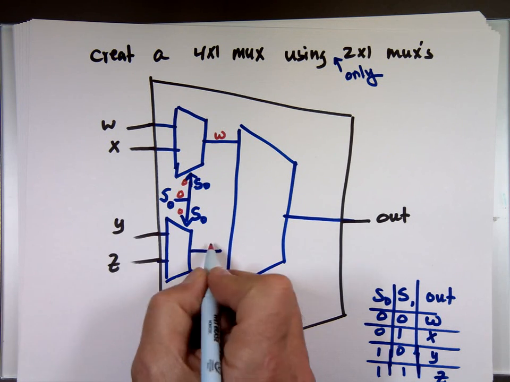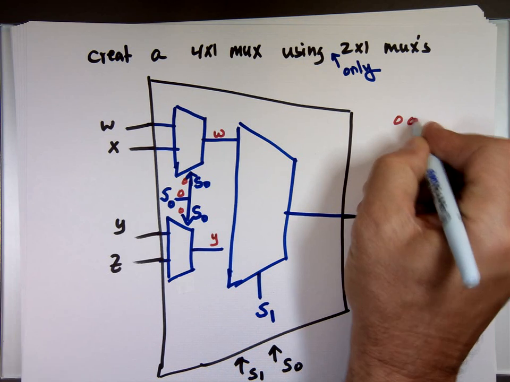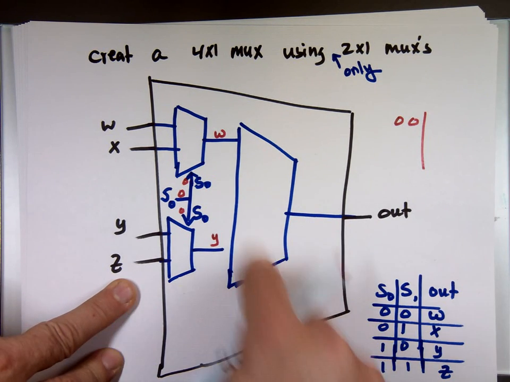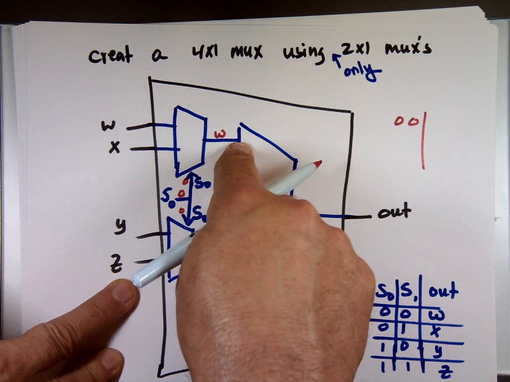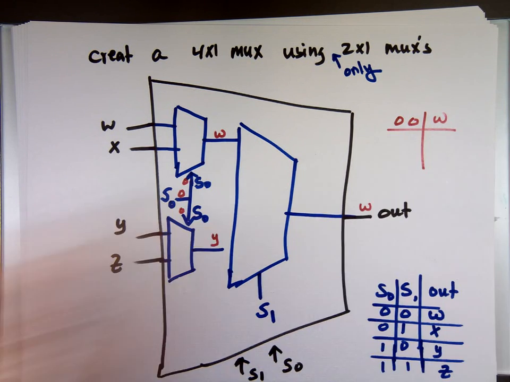Y. Now, S1 is what? I'm putting 0, 0 here, right? I'm going through the first case. S1 is 0. My output for this is whatever attached to pin 0, which is what? W. Is that what you're supposed to have? Yep.